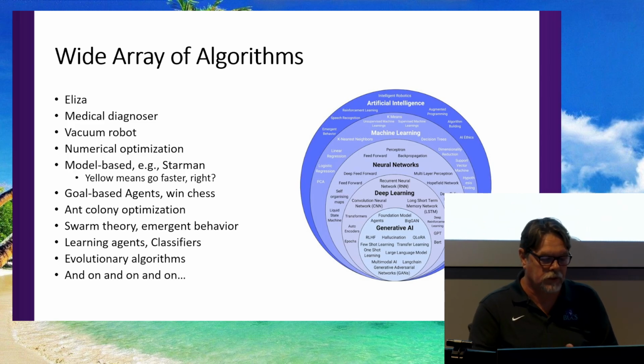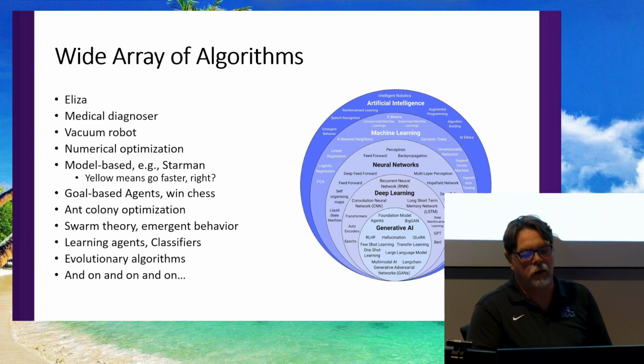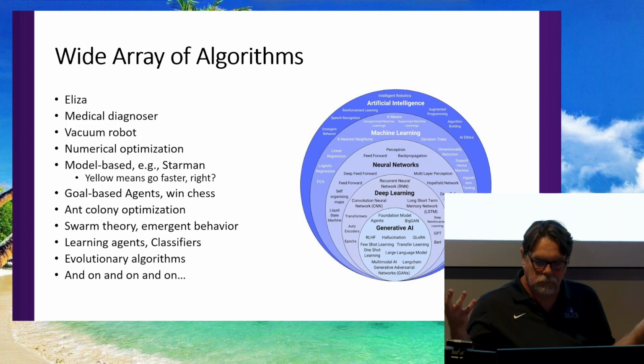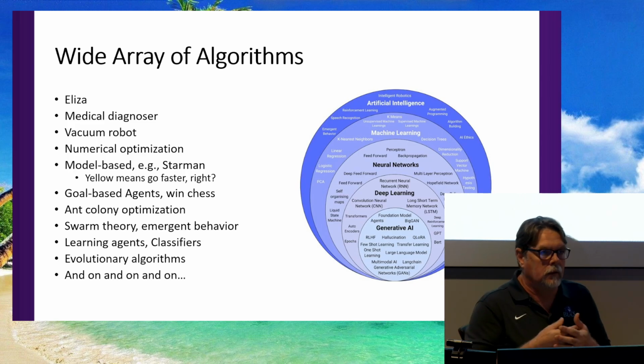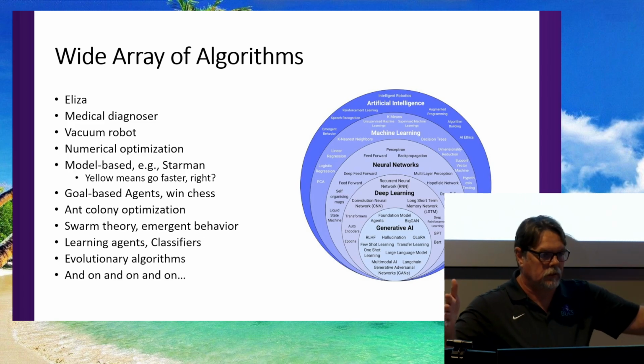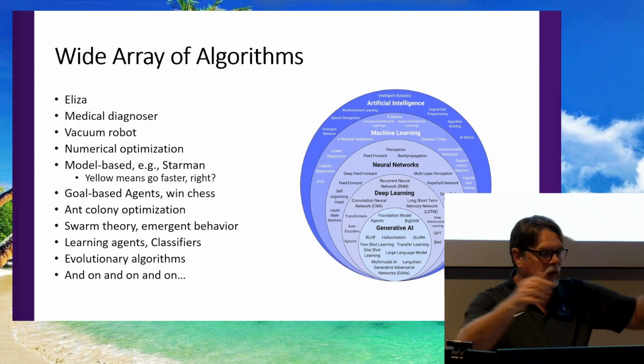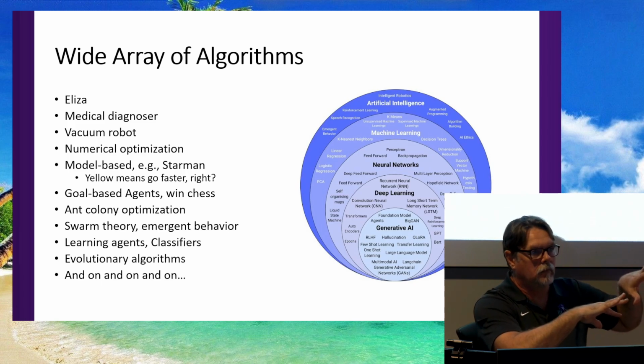Evolutionary algorithms are built around the idea that you build a population, let's say 100 individual agents, and each agent has different properties.